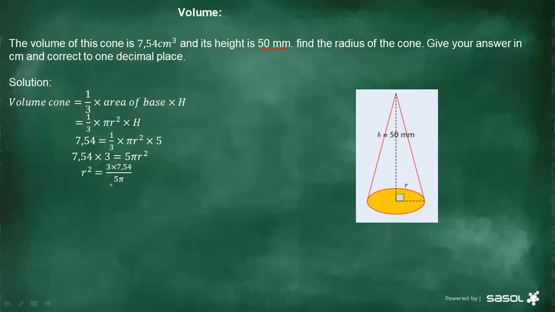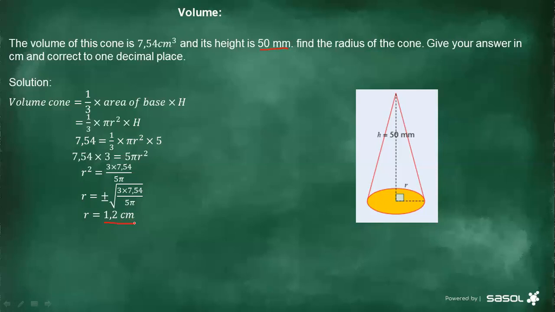After dividing by 5 pi, we get rid of this exponent 2. Then we take the square root of both sides. Then it's going to be plus or minus. The answer is 1.2 centimeter, because we don't have a negative radius. Then obviously we take the positive one, which is 1.2 centimeter.